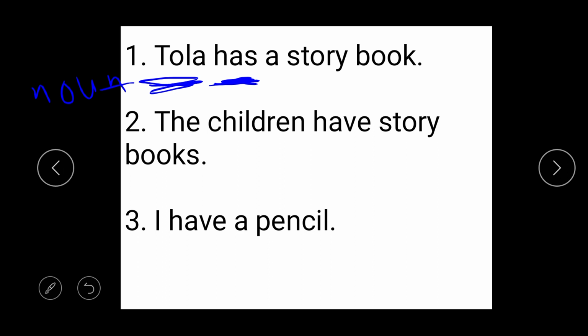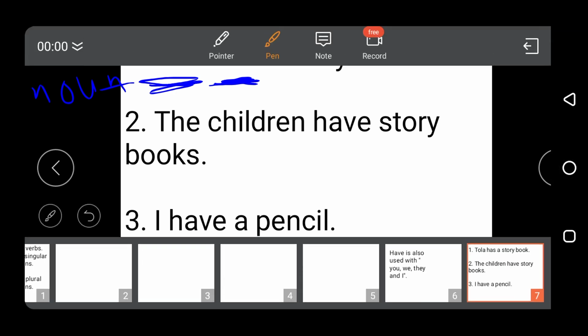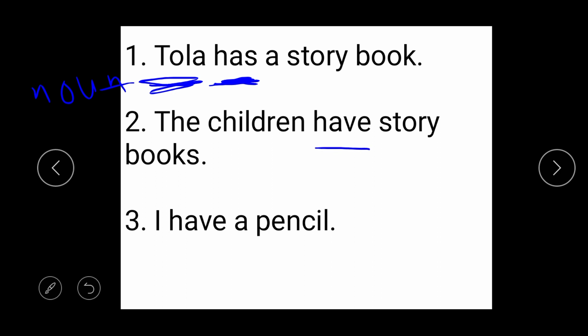Now let's look at the second example. The children have storybooks. Now, why are we using the verb have?